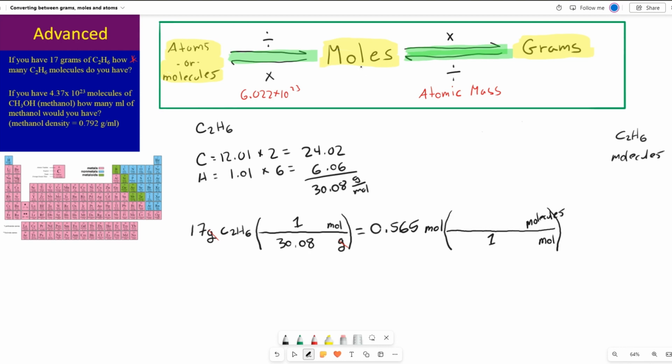So for every 1 mole you have 6.022 times 10 to the 23rd molecules. Moles and moles cancel out. And you can see we're going to multiply moles by Avogadro's number to get the molecules, so that is exactly what the formula up there says. And if we take 0.565 and multiply it by Avogadro's number, we get 3.4 times 10 to the 23 molecules.